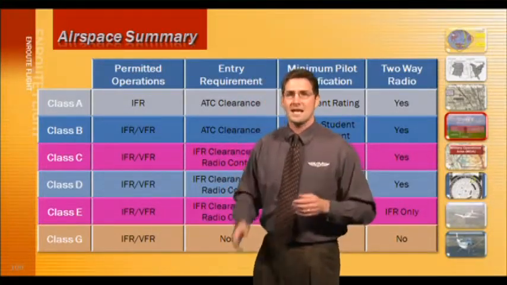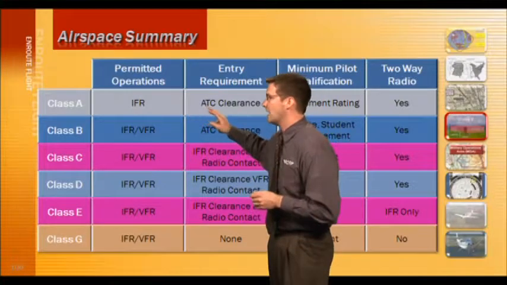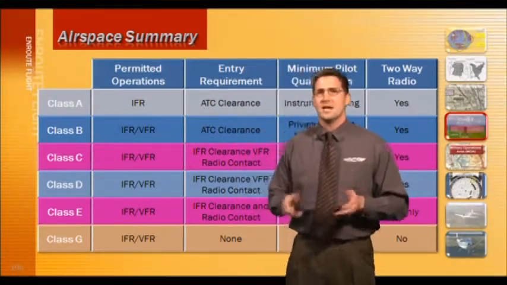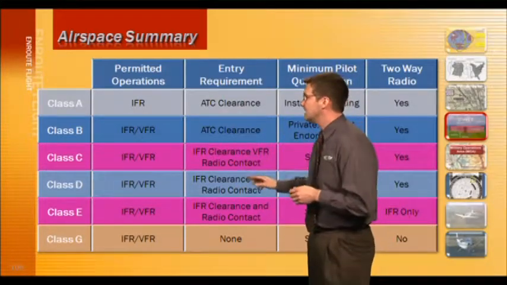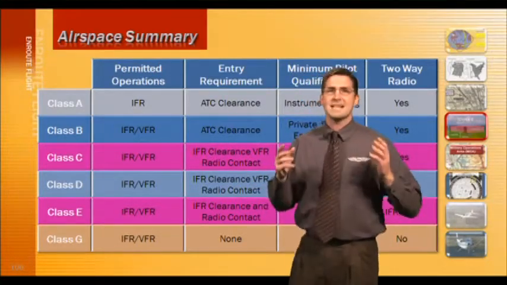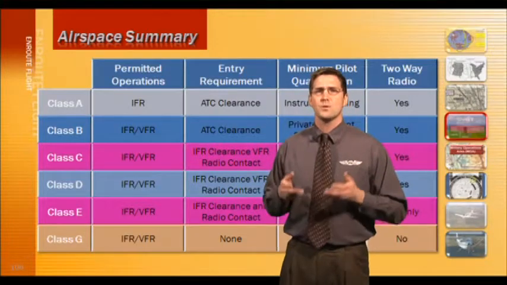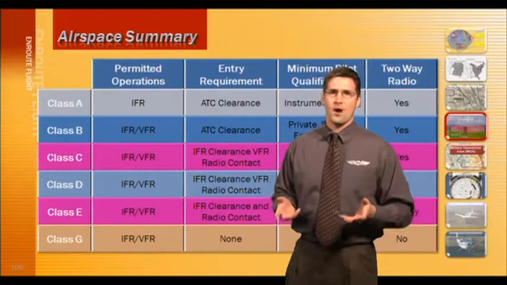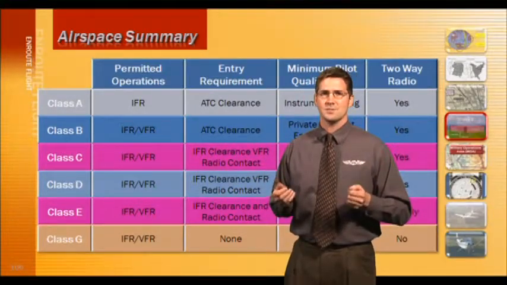Now, only Class A and Class B airspace require a clearance to enter. You must establish communication with ATC to enter Class C and D airspace, and Class E has no ATC requirements when the weather is VFR. No contact with clearance is required when operating in Class G airspace.